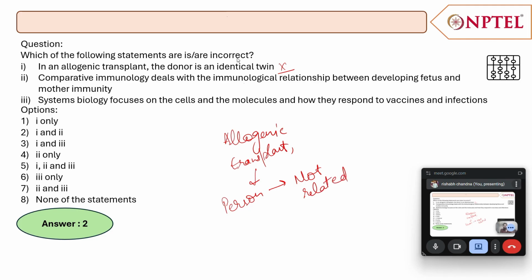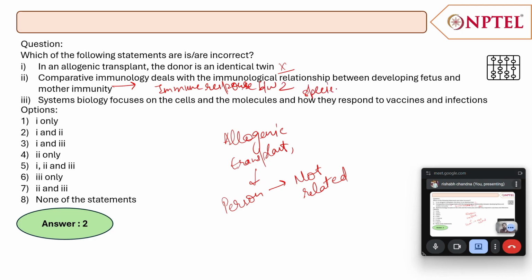Okay. Then comparative immunology deals with the immunological relationship between developing fetus and mother immunity. No. This is not the case. Comparative immunology basically deals with the immune response between two species.